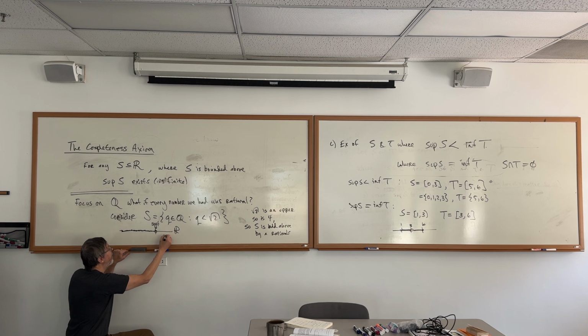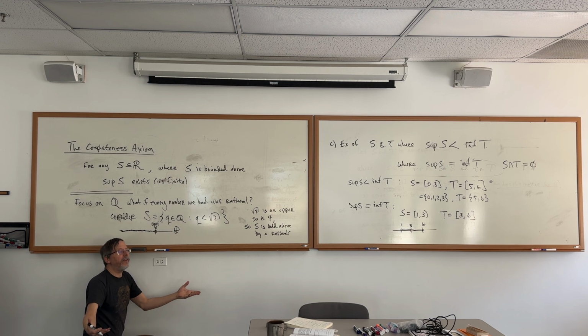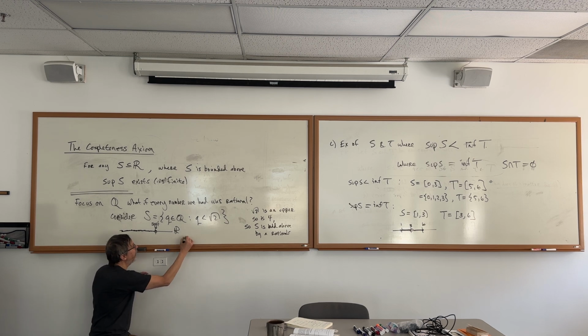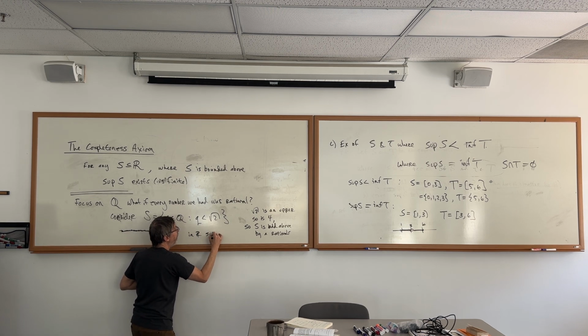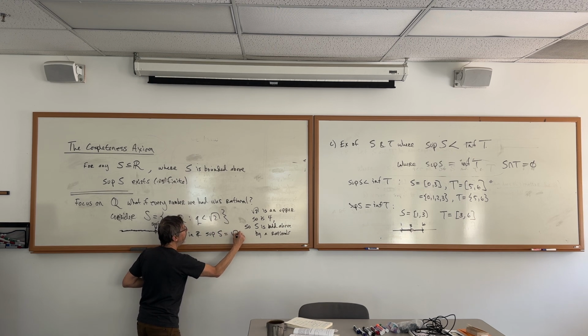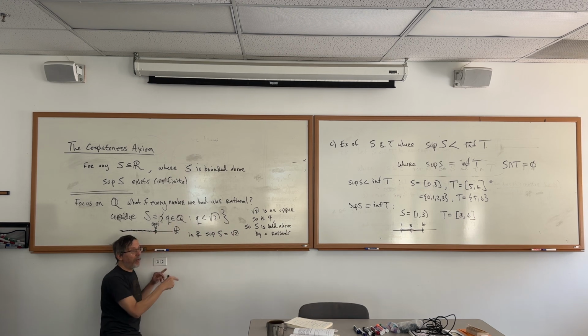So what is the least upper bound here? Well, what is the least upper bound if I allow all rationals? It's square root of 2. So in R, if we allow all the numbers, the sup of this set equals the square root of 2, but that's not a rational.